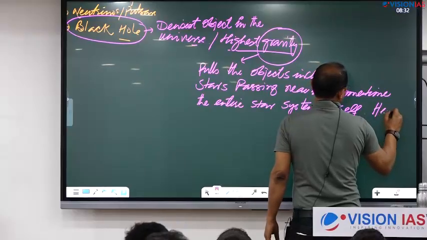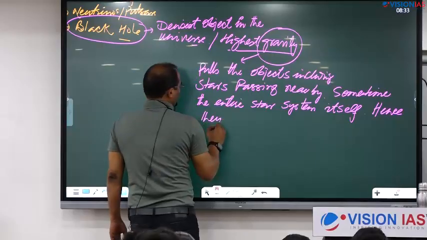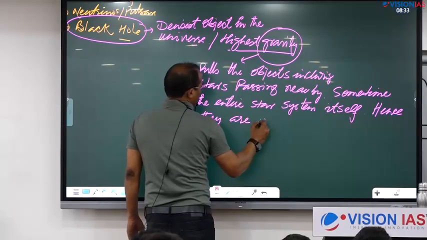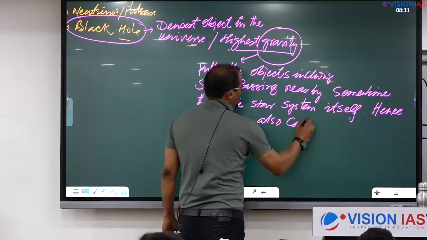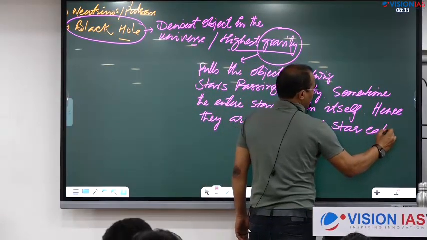Hence, black holes are also called star eaters.